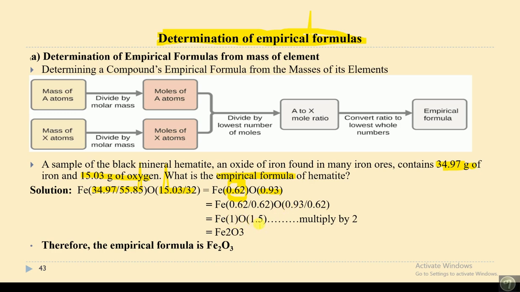To get whole numbers, multiply both by 2. So 2 times 1 is 2, and 1.5 times 2 is 3. So Fe2O3, where 2 and 3 are subscripts, and we can write our empirical formula finally in this form, Fe2O3.